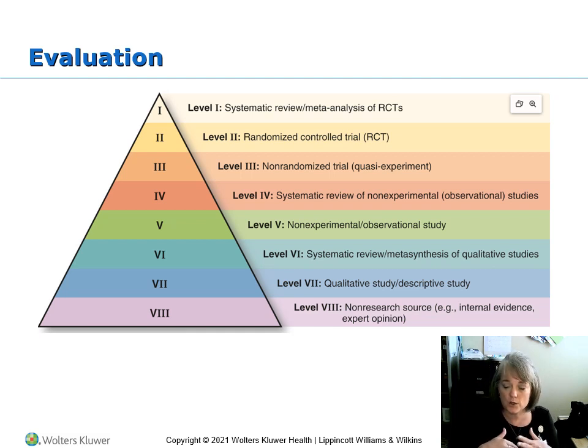Those fall further down on the evaluation scale, and I will tell you that there's some argument that if a qualitative study is done well, there is a lot of information that can be gleaned from them, and a systematic review or meta-synthesis of qualitative studies should actually fall higher in this hierarchy, but this is the currently accepted hierarchy.